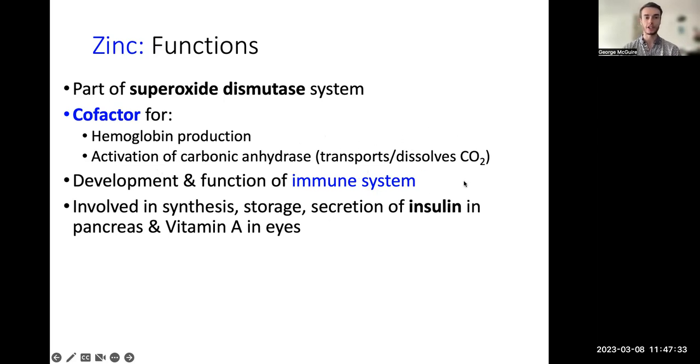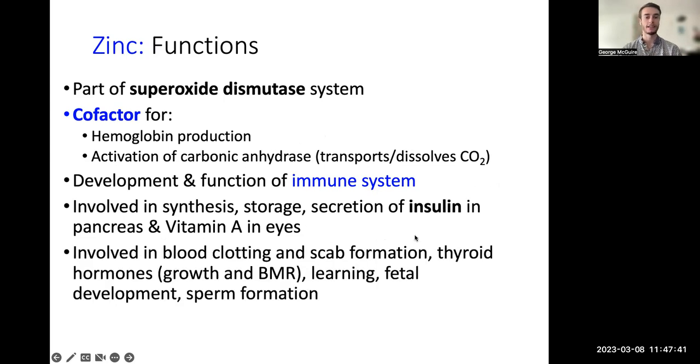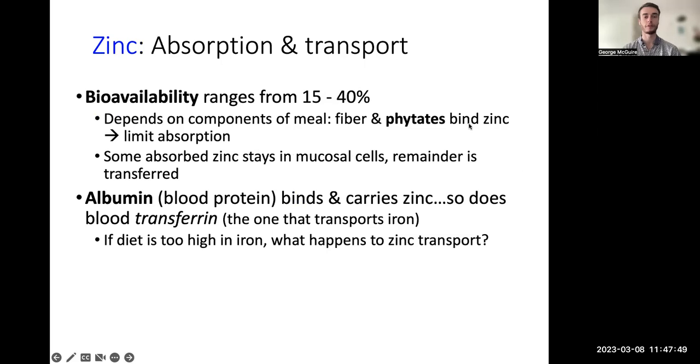It plays a role in the development and function of our immune system, and is involved in the synthesis, storage, and secretion of the hormone insulin and vitamin A. And then lastly, it plays a role in blood clotting, scab formation, those thyroid hormones, etc. And so the range of bioavailability, again, how well you're going to be able to absorb this, even if it's in your food, varies greatly, 15 to 40%, and is strongly correlated to the amount of fiber that is in that food. Right? So the more fiber that's in that food, which your body doesn't do as well of a job of absorbing, the less zinc you're going to get from that food.